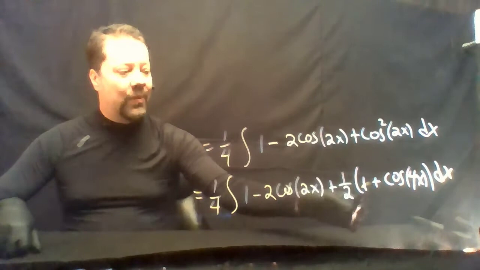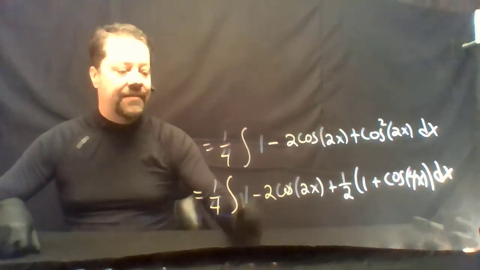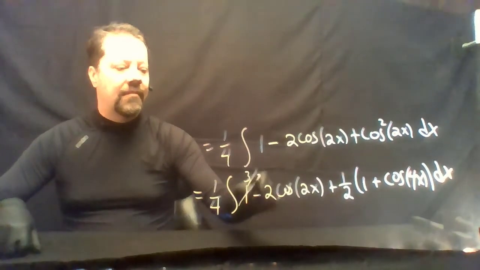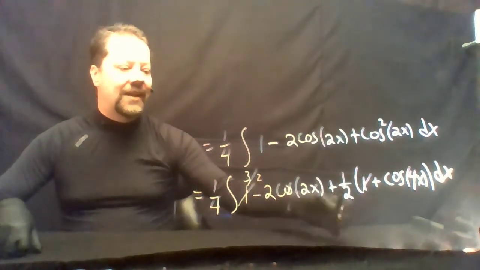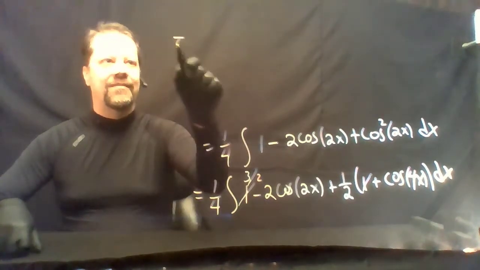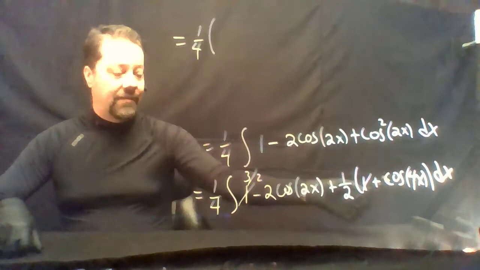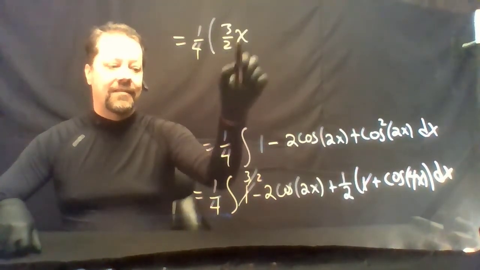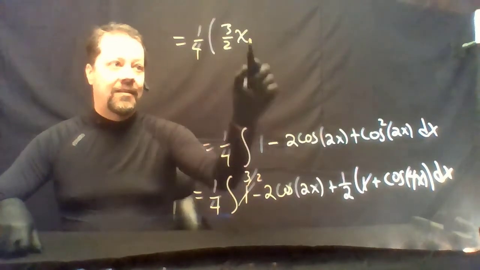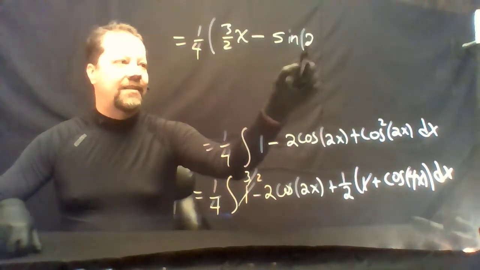We can distribute the 1/2 and combine like terms. 1 plus 1/2 will be 3/2. That will get rid of this one term. We can integrate what's left over. 1/4 times the quantity, 3/2 x, minus the sine of 2x.